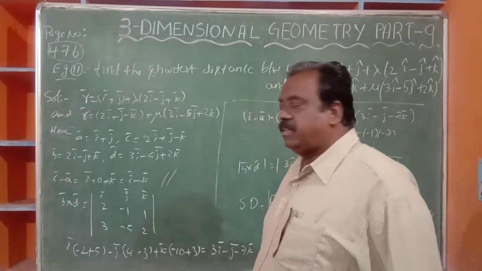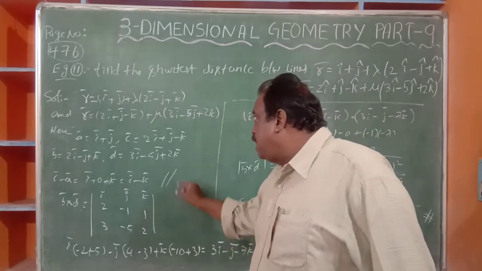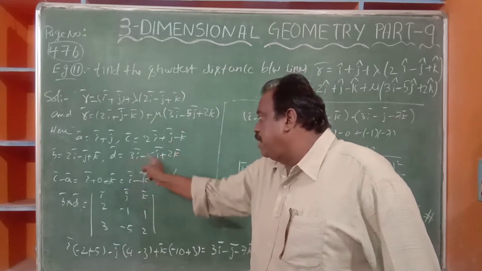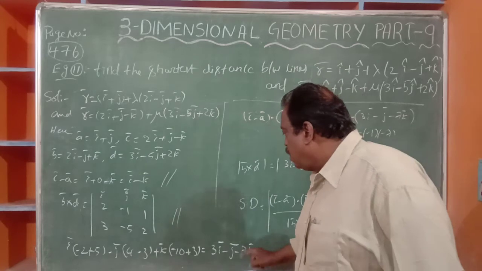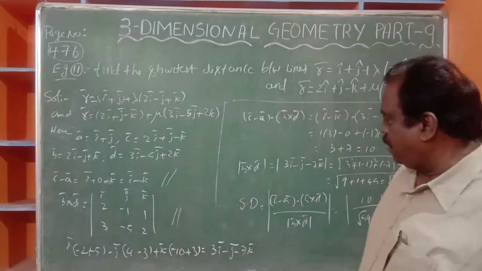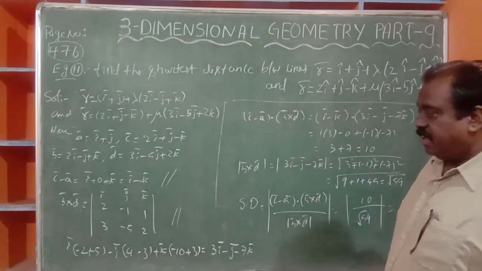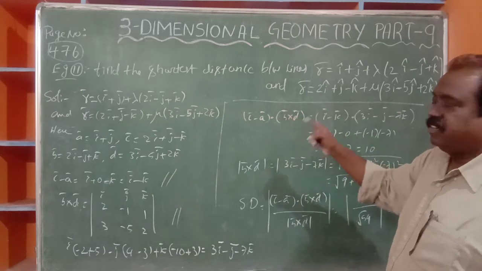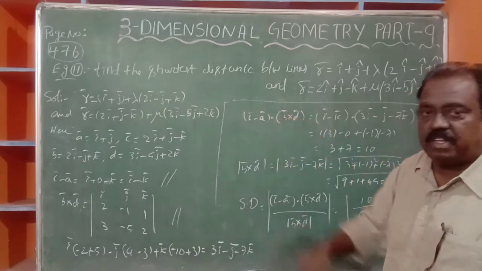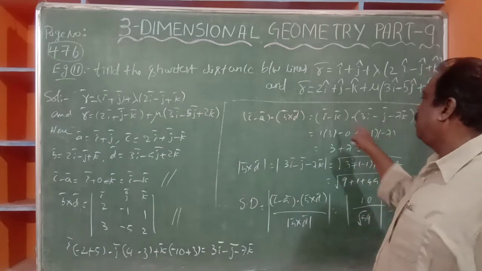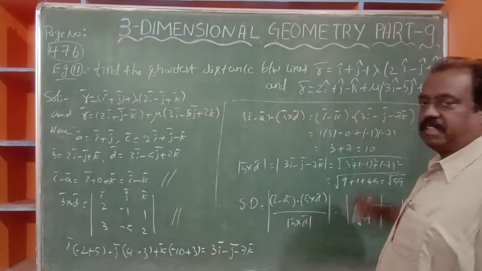Then find B bar cross D bar, and then the modulus of B bar cross D bar. C bar minus A bar we know as a vector, and B bar cross D bar, by using the determinant, we also know as a vector. By dot product, we get a number.